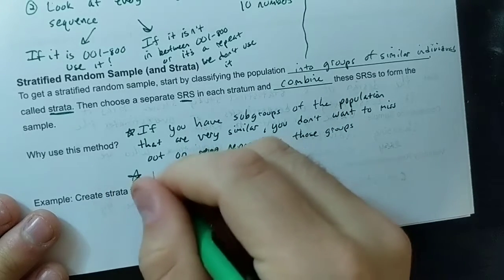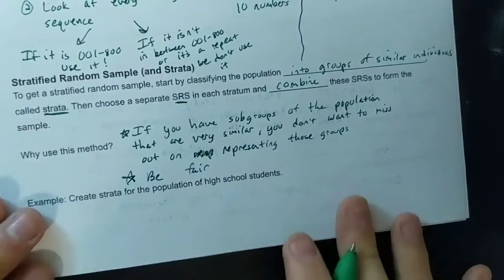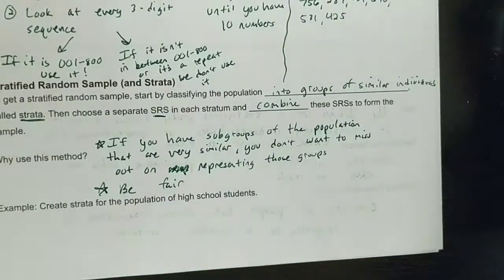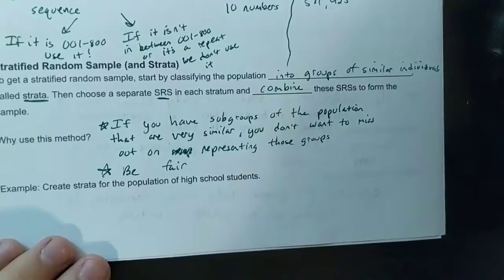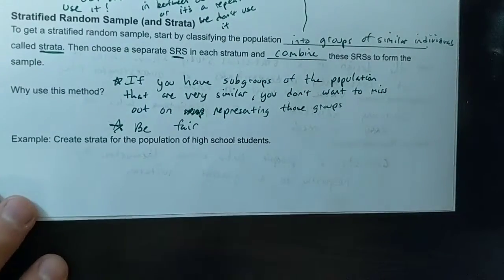And it's just a way to be fair as best you can. This is appropriate when you have distinct groups within a population that you want to represent. If you don't have any distinct groups, this is probably not something you should be worrying about. But if you do have distinct groups, it's something to keep in mind to do.